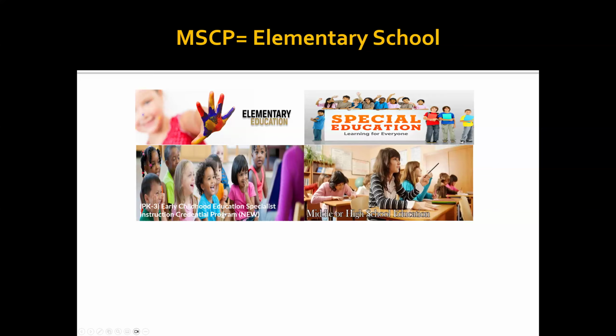If this is you, then you'd want to reach out to the PK to 3 department. Just Google CSUB PK to 3 to reach out to the advisor for the PK to 3, and they could do an evaluation on your courses to make sure that you have subject matter for the PK to 3.